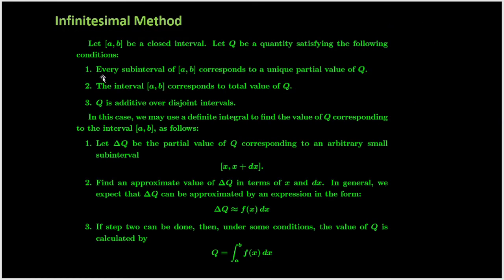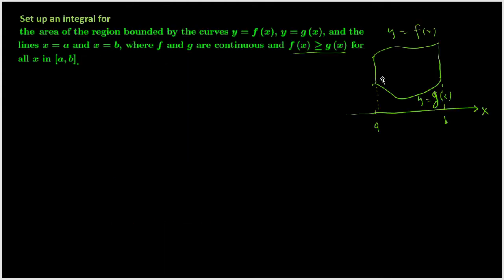The first condition is every subinterval of [a, b] corresponds to a unique partial value of Q. Let's imagine a subinterval of [a, b].